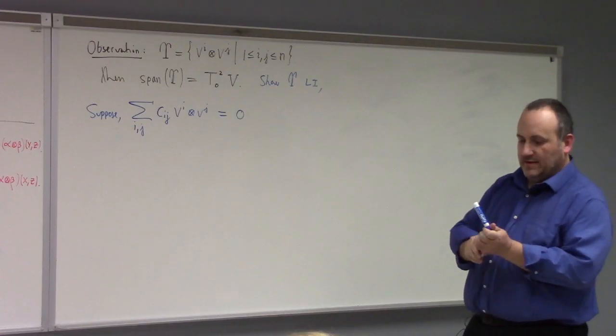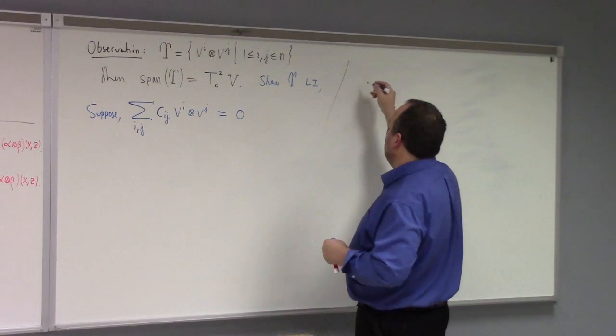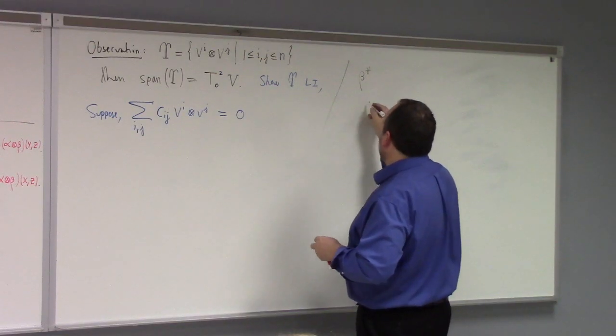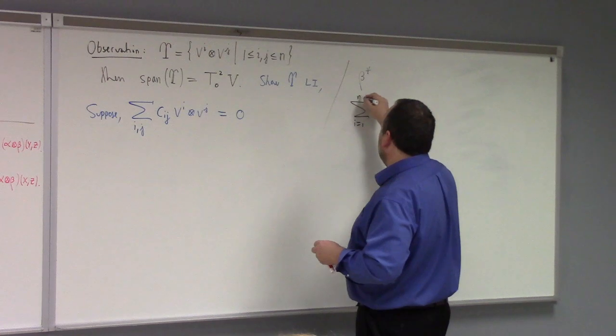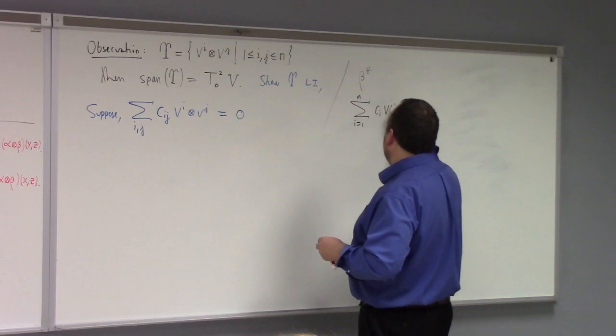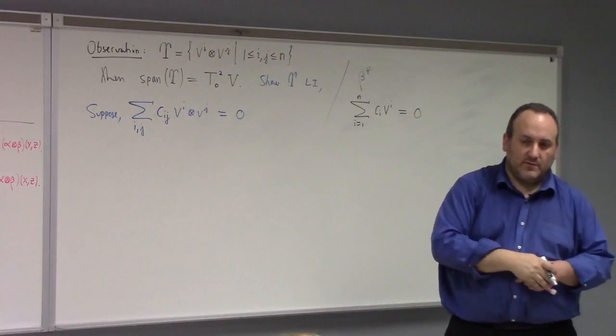Let me remind you what we did last class. Last class, we were up against the dual basis, right? And we had the sum i equals 1 to n of C_i V upper i equals 0. What did we do there? How did we get that the coefficients were 0?